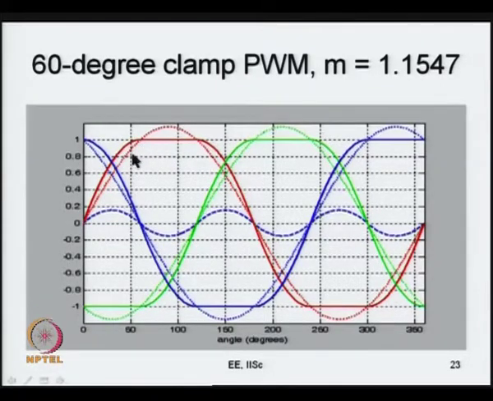The difference between the dotted line and this sine-looking wave, which is not really a sine wave, is 1.15 sin omega t minus 1. So you have this waveform and you add this. So you are able to accommodate a sine wave up to 2 by root 3, that is 1.1547. So you get 15% more fundamental voltage, which is one of the advantages, as high as in the third harmonic injection with k equals 1 by 6.